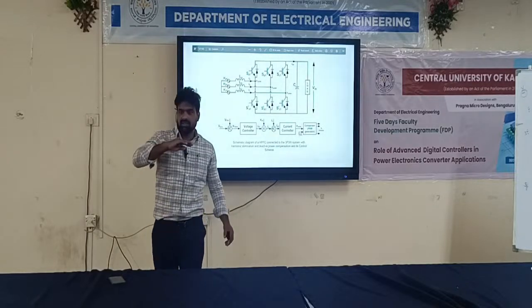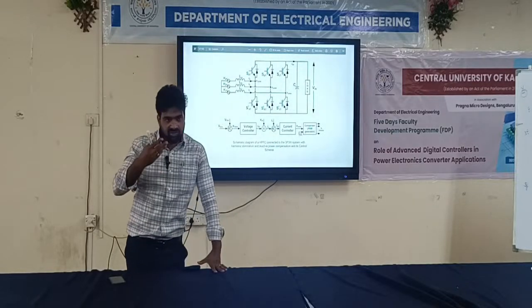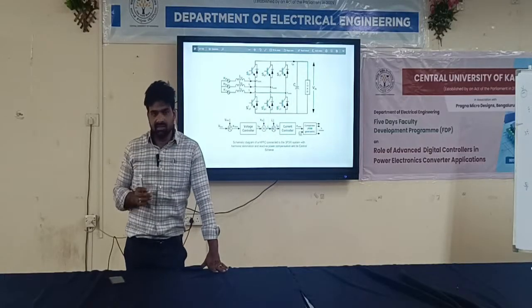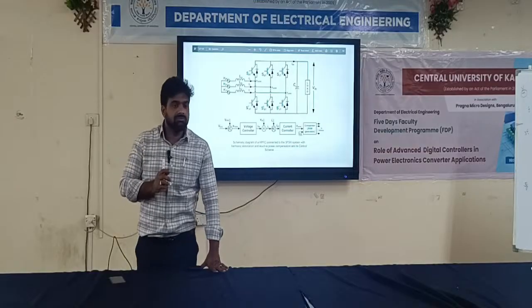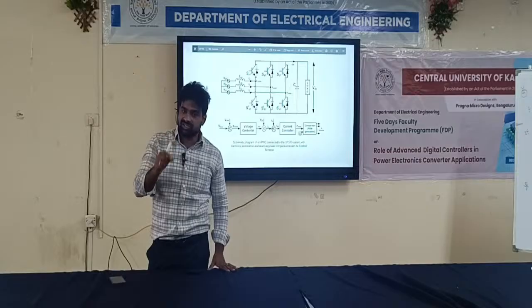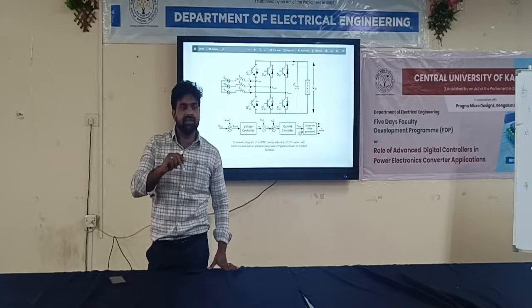You remember the PWM technique as I was showing you before, you have the carrier and you have the modulation signals. The modulation signals are nothing but the reference voltage signals which you need to achieve when your converter is operated.